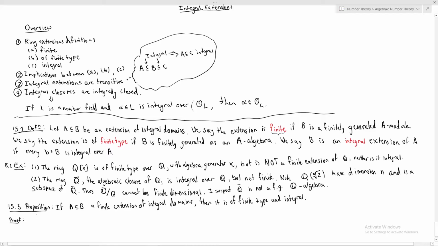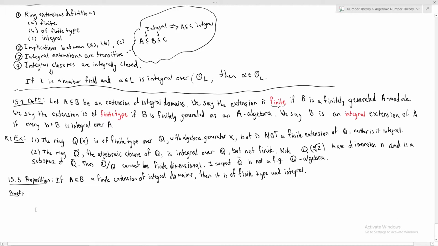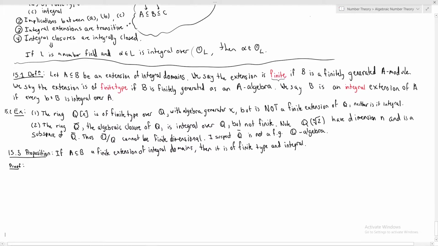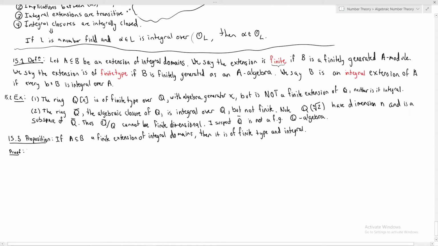It turns out this is going to be an if and only if. This direction is a little bit easier than the other direction, so we'll prove this direction first. The fact that B is of finite type over A is pretty easy.